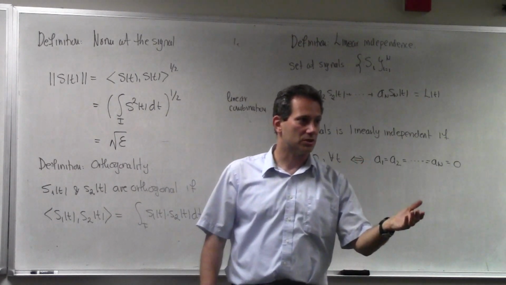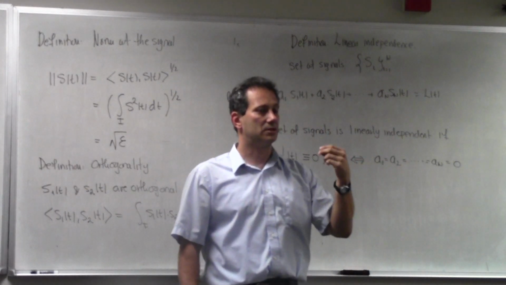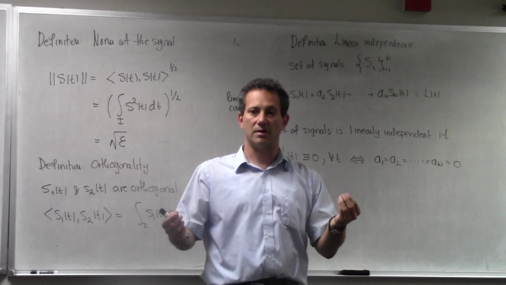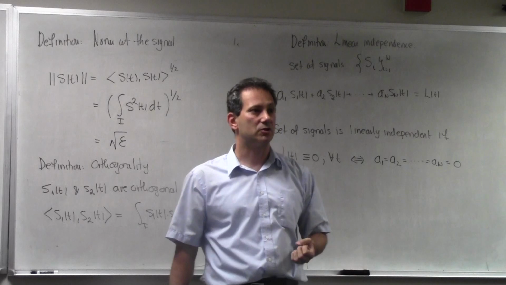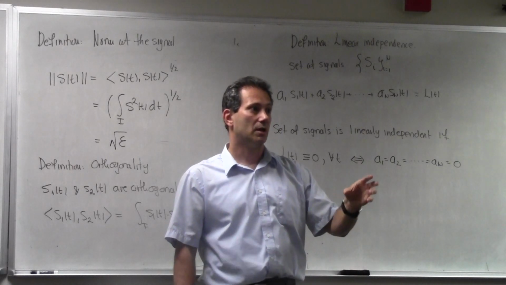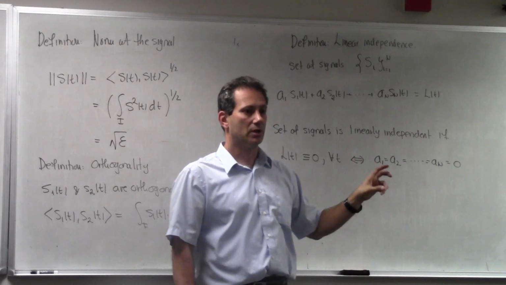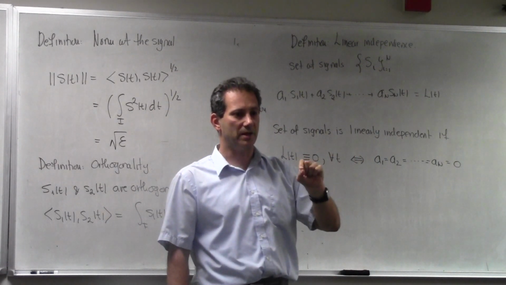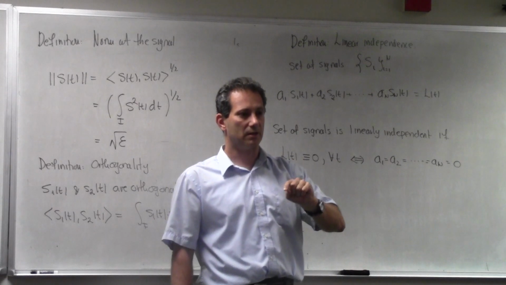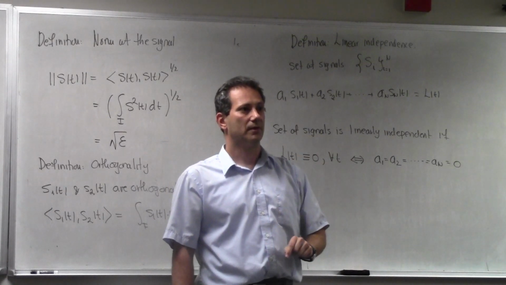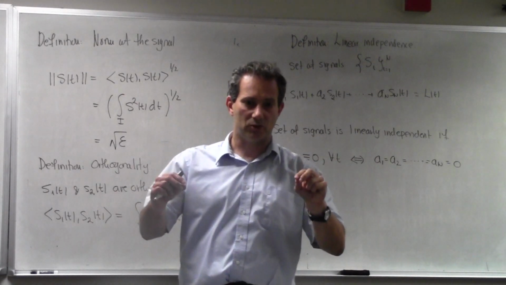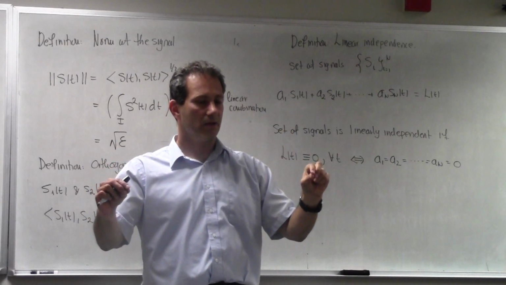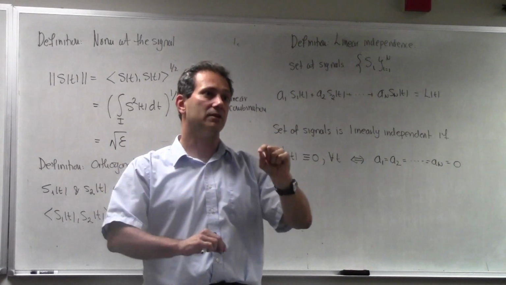There's a procedure that I'm going to demonstrate here. Sometimes it's obvious, sometimes you can do it by inspection, but a lot of times you would do it through a procedure called Gram-Schmidt orthogonalization. We're going to go through it and see how you can determine the size of the basis of your signal set in a systematic way. We need to separate the size of your signal set and the dimensionality of your signal set.